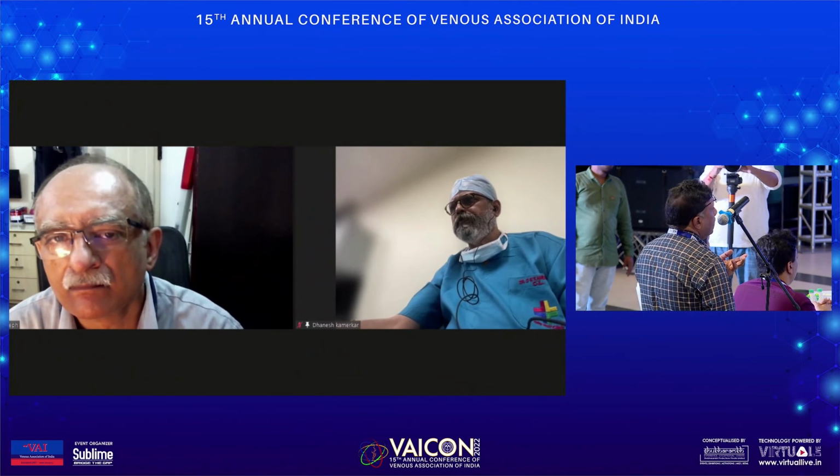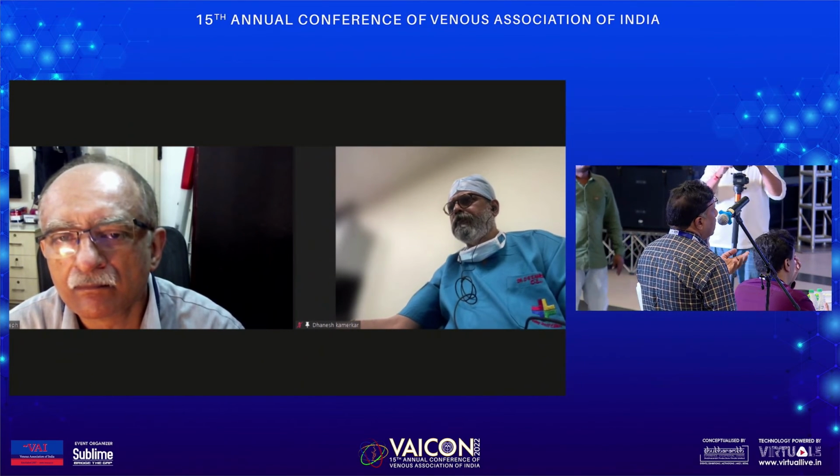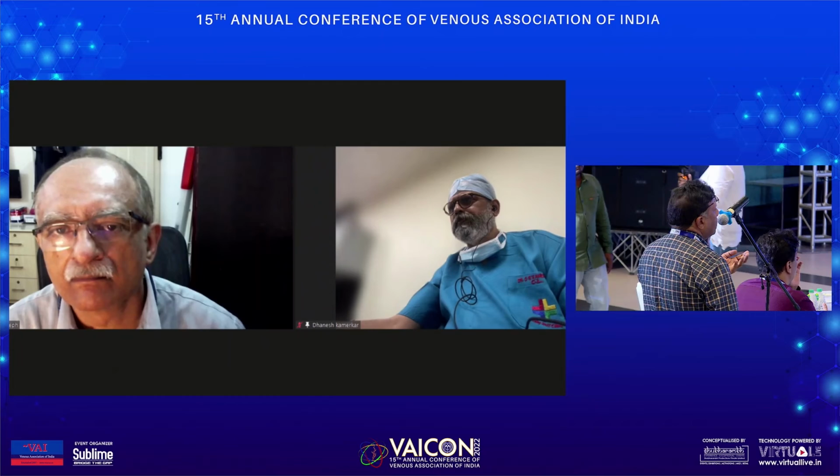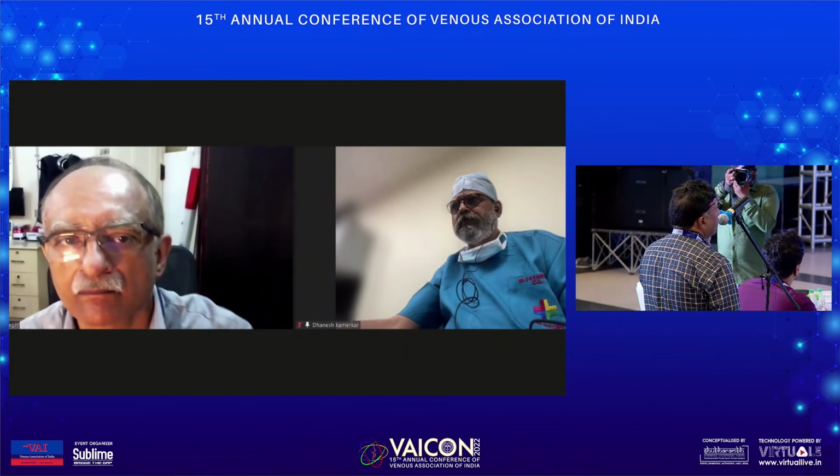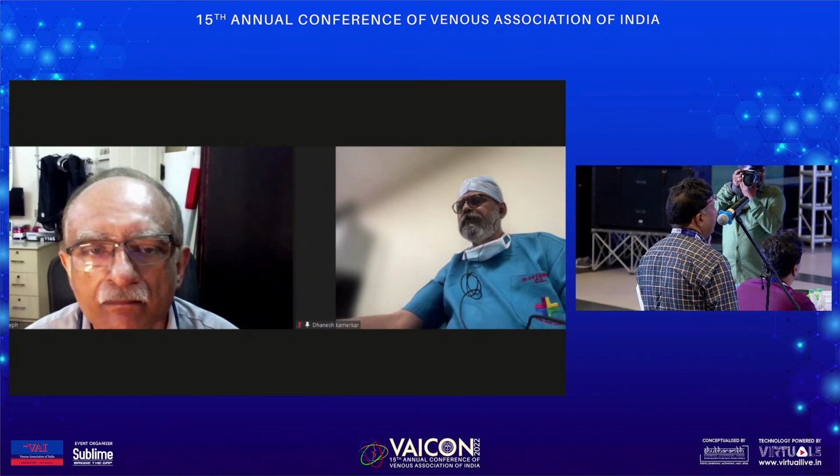Many patients come with the stent blocked within 6 months, and we have a patient where we put the iliac stent 5 years or 7 years back, and it is still patent.